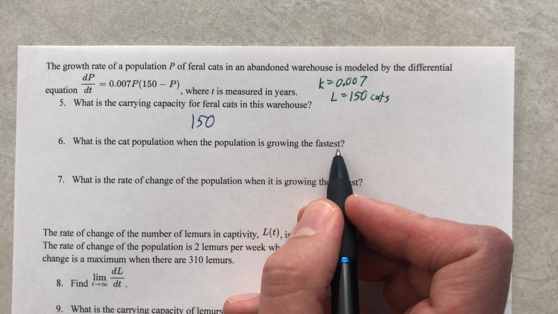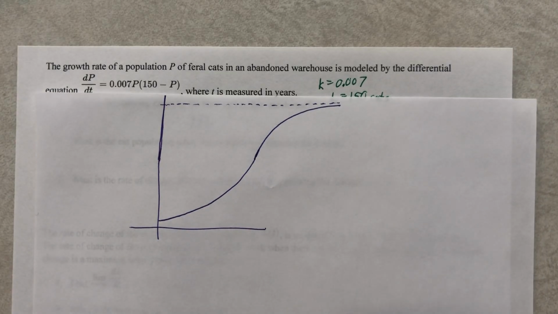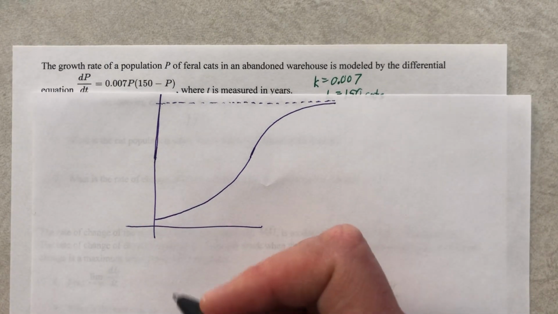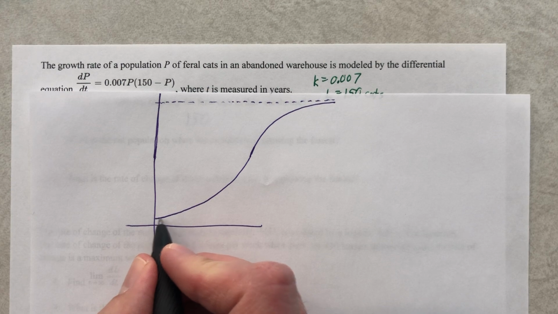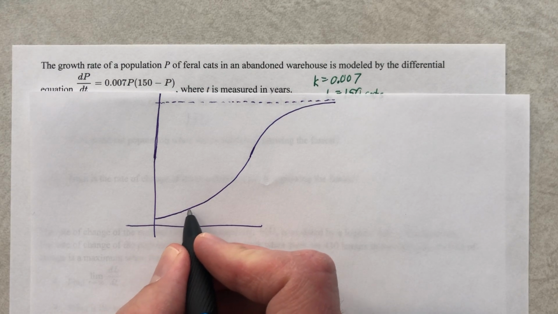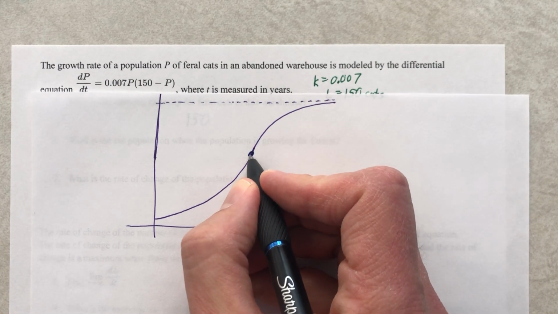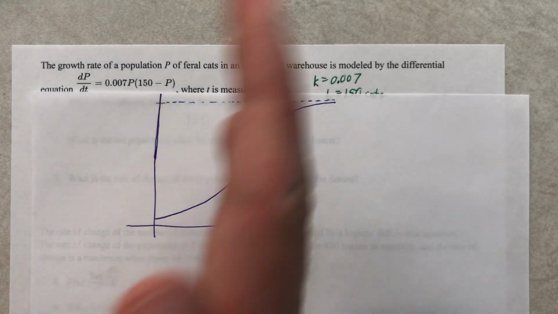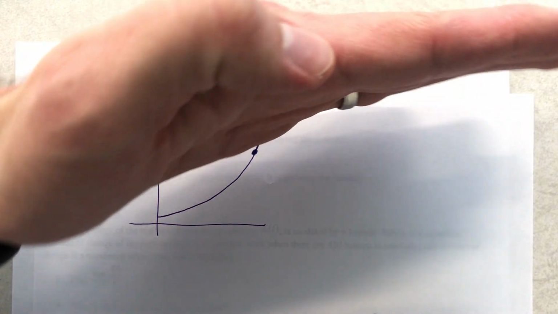Let's think about this graphically, and we've addressed this before. Back to the very first graph we ever drew. All right, slope is not 0, but pretty low. And slope is increasing, slope is increasing, slope is increasing. Point of inflection. Concavity changes. The slope is as steep as it's going to get, and then it starts leveling off again.